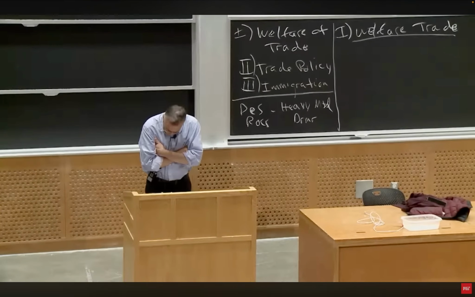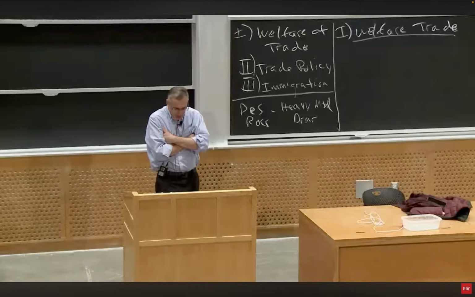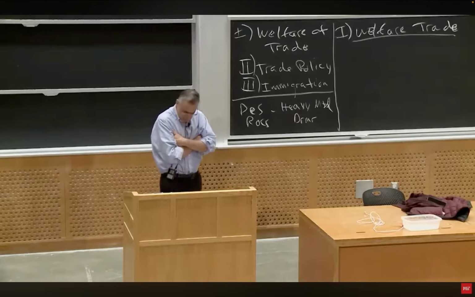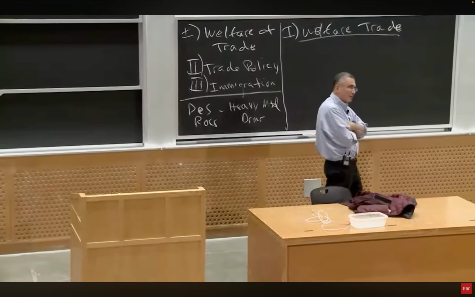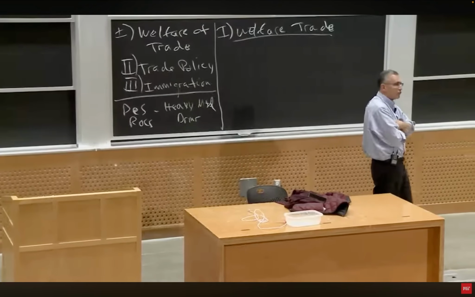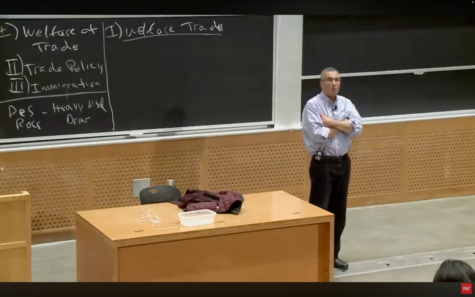So now at that new price, people want C sub T roses. At that new lower international trade price, people want C sub T roses. Okay? And now we're going to assume that world supply, here's an important assumption, a very important assumption often made in trade models: world supply is perfectly elastic with respect to domestic markets.